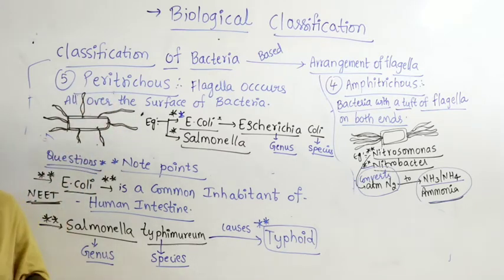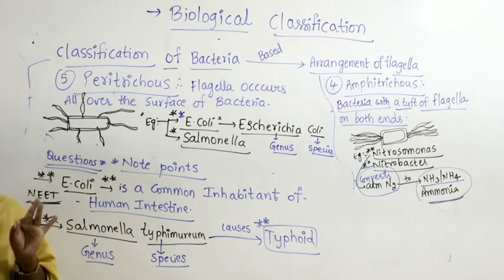Again I say, even the classification of bacteria based on flagella is important. What is the first category? Atrichous means bacteria without flagella. Try to remember the examples, they are very important: Lactobacillus, Pachyderella. Next one is monotrichous, bacteria with one flagellum. For monotrichous, you can take the example Vibrio, Xanthomonas.